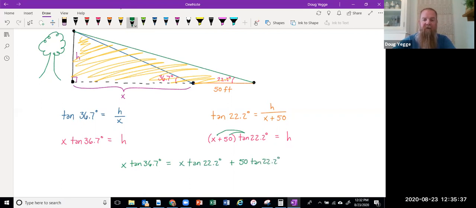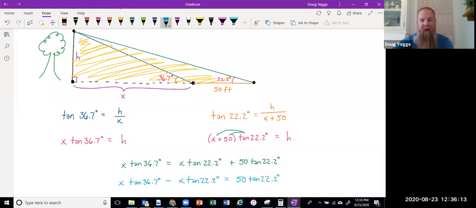So we're still trying to solve for x here. And so since x shows up on both sides, we're going to subtract this term over to the other side, which means that we get x tangent 36.7 degrees minus x times tangent of 22.2 degrees is equal to 50 times tangent of 22.2 degrees.